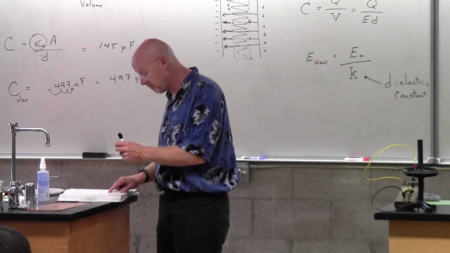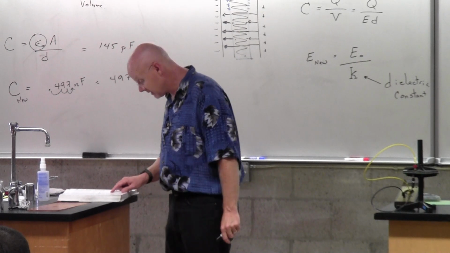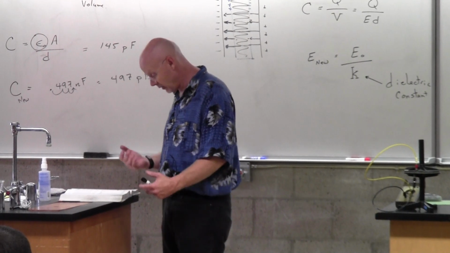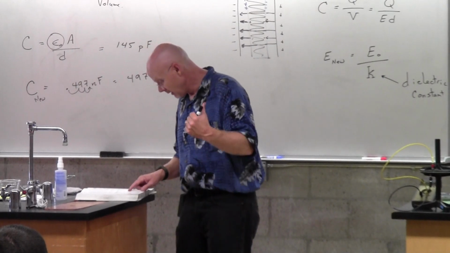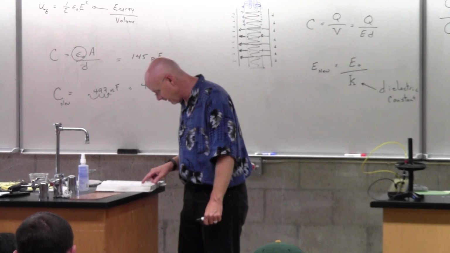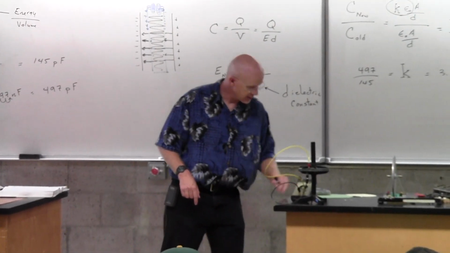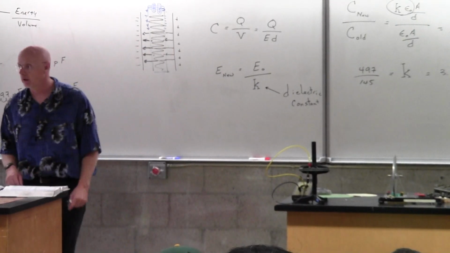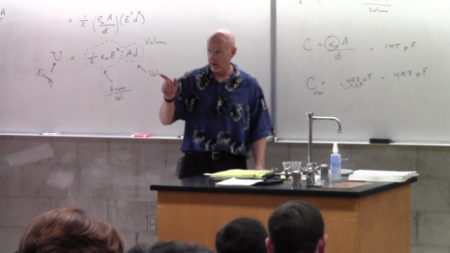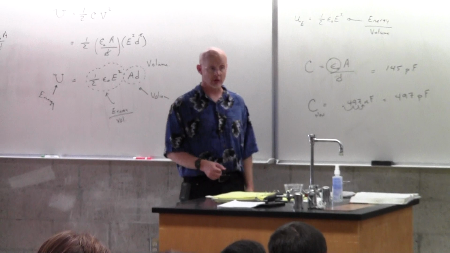Mylar is about a 3.2. Rubber goes up to about a 6.7. I was hoping to see vinyl in here. I don't see it, but it looks like my vinyl is very close to that rubber there, and not a surprise that it's kind of close to this area. And it's kappa, by the way, not K. But yes, it will be different based on the molecular structure of it.